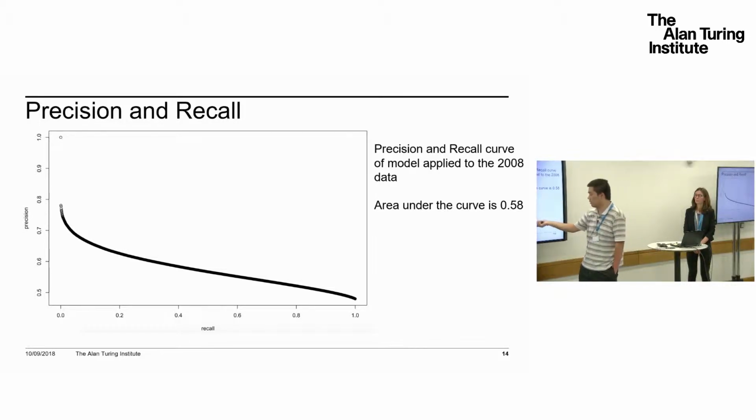When recall is 1, that's when you predict everyone as delays, and when it's 0, you predict none of the flights as delays, and everything in between is a continuous increase of your threshold for the probability of delay.